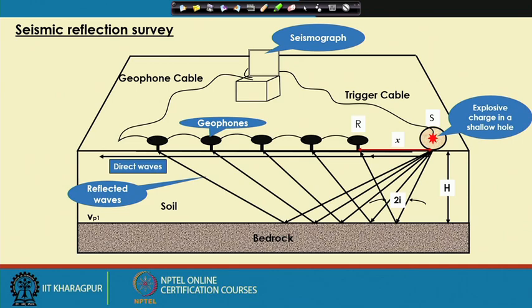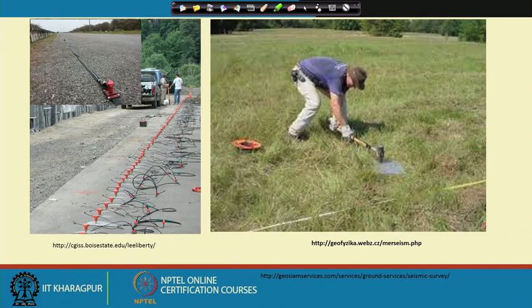Now, as I already discussed, here we will apply the hammer blow, and these are the receivers. They will receive the wave and identify the travel time of the wave from the source to the receiver, either direct or reflected. We can generate different waves depending upon how we apply the hammer blow, either P wave or S wave.